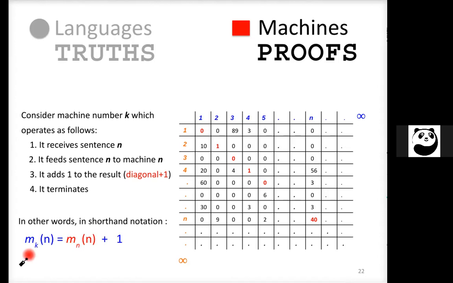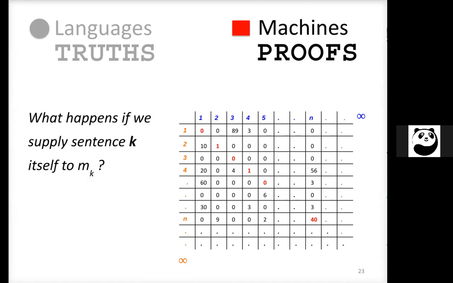So if we put this symbolically, the kth machine takes n and then feeds it, as a sub-procedure, as a sub-function, into the nth machine and then adds 1 to the results. This is what K does. Now, what happens if we supply the sentence K to the machine K itself?